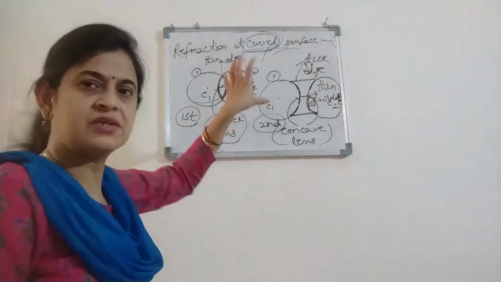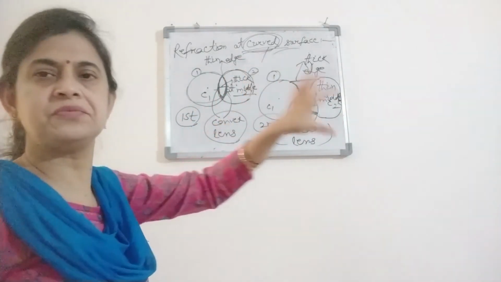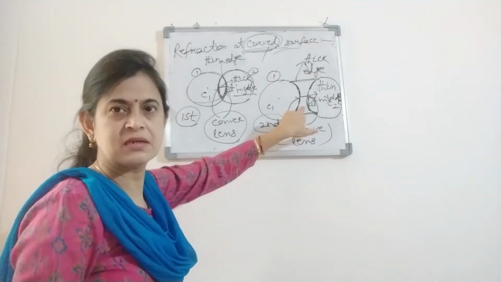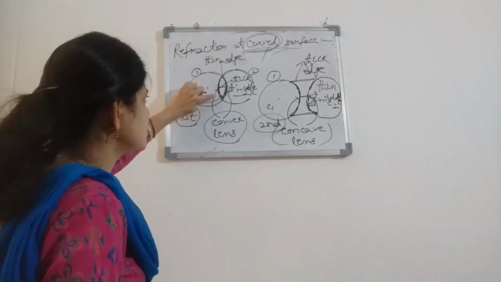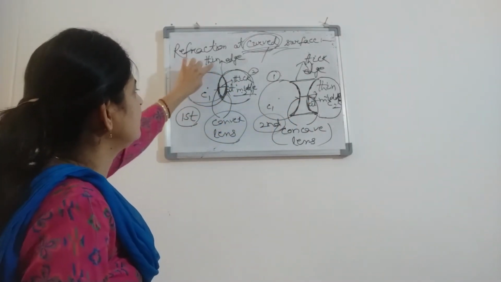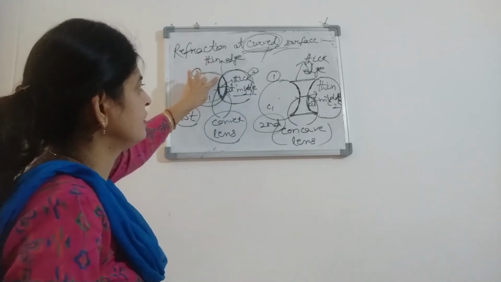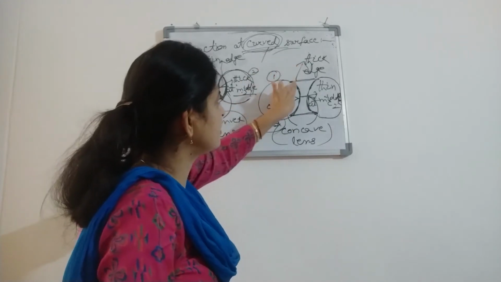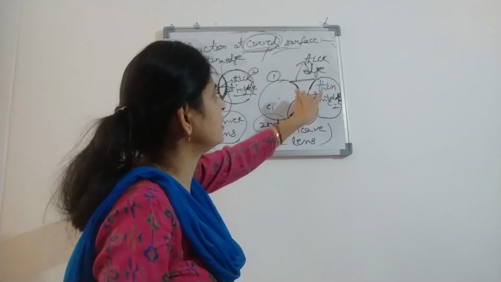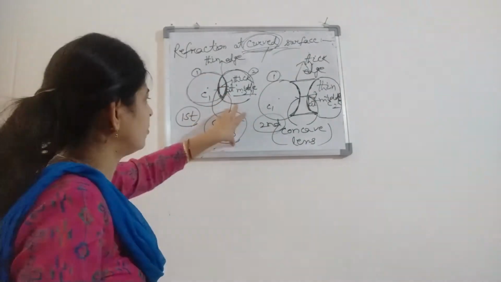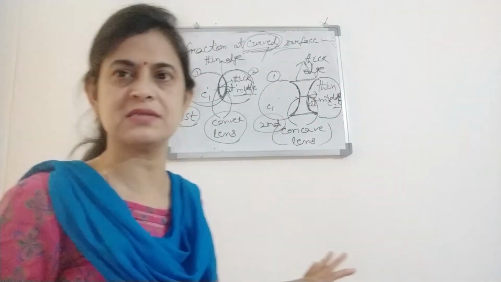So it is clear how you can differentiate between your convex lens and concave lens. Convex lens means it is thick at the middle part and thin at the edge. And in the case of your concave lens, it is thick at the edge and the middle part is thin. So this is all about your convex lens and concave lens.